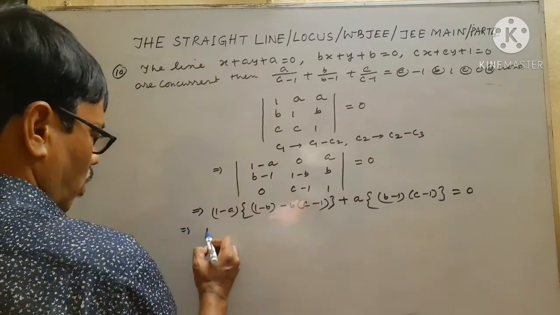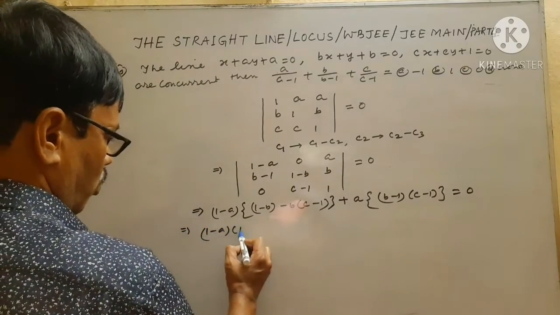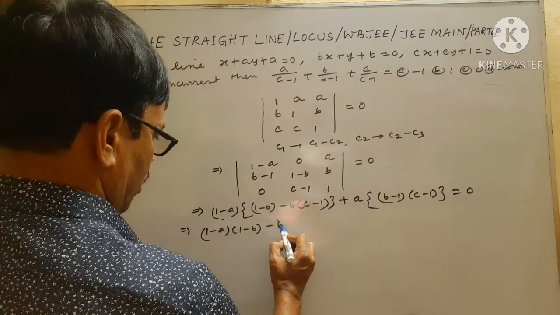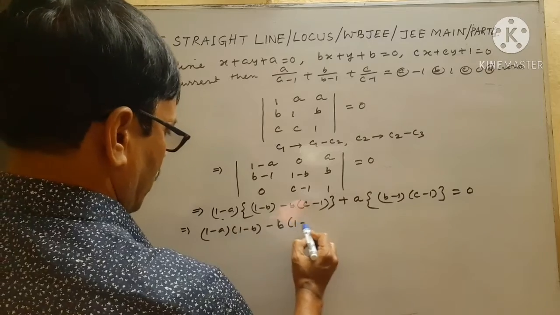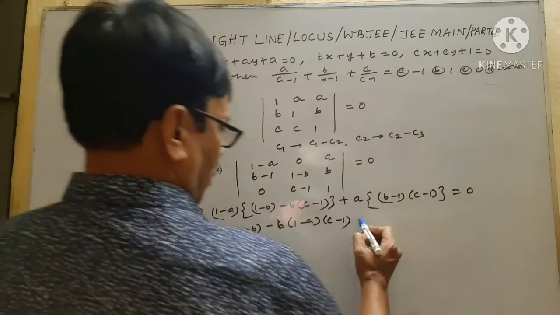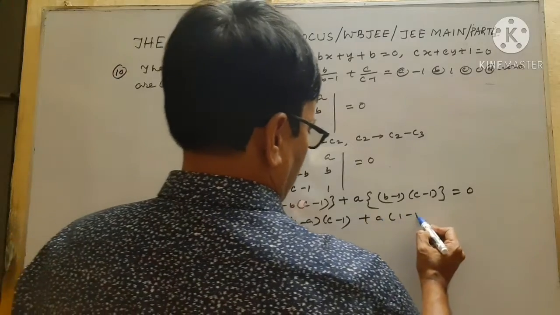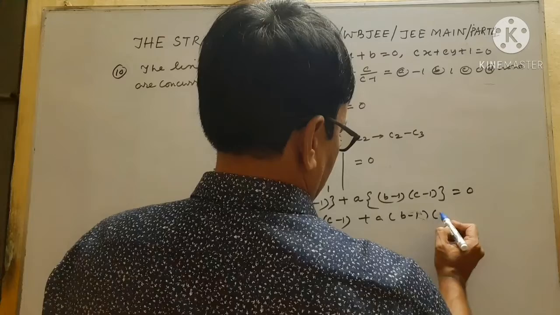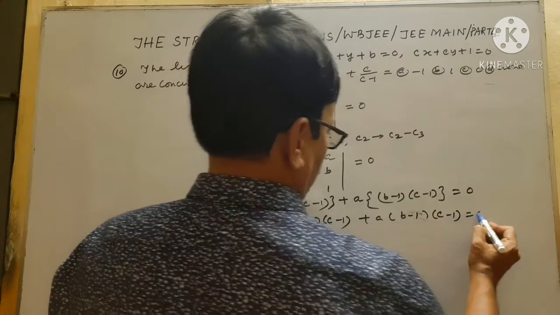So now 1 minus a into 1 minus b into c minus 1, plus a into b minus 1 into c minus 1, equals 0.